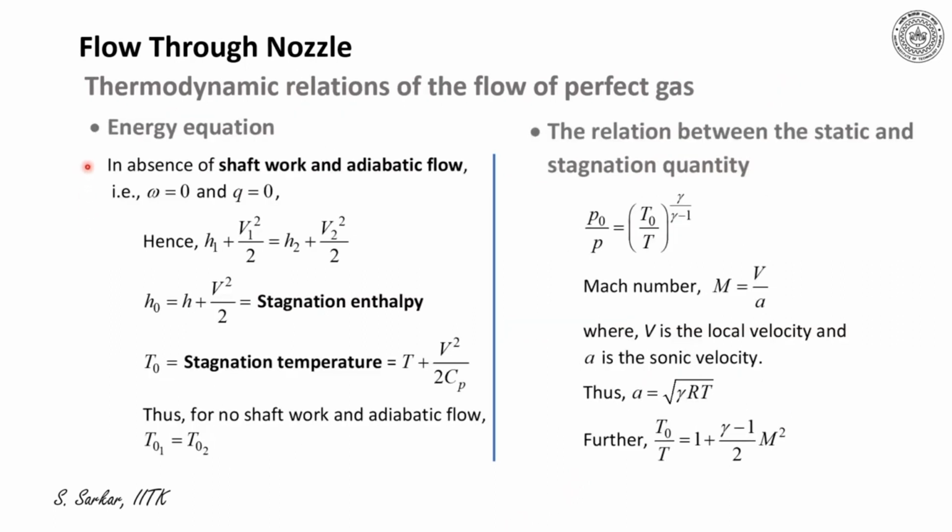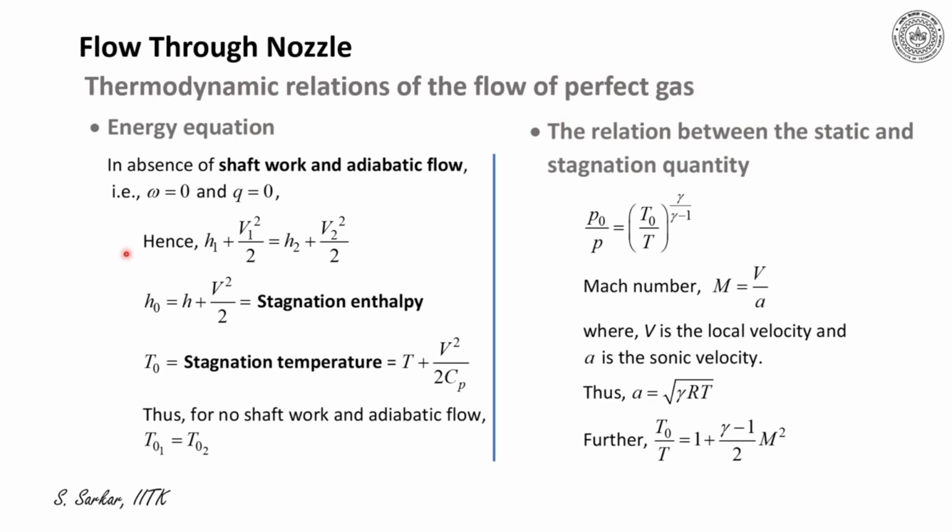Now, in absence of shaft work and for adiabatic flow, I can say w equal to 0 and q equal to 0, and thus the energy equation becomes h1 plus V1 squared by 2 is equal to h2 plus V2 squared by 2. Thus I can define total enthalpy or stagnation enthalpy h0 as h plus V squared by 2, and stagnation temperature T0 as T plus V squared divided by twice Cp.